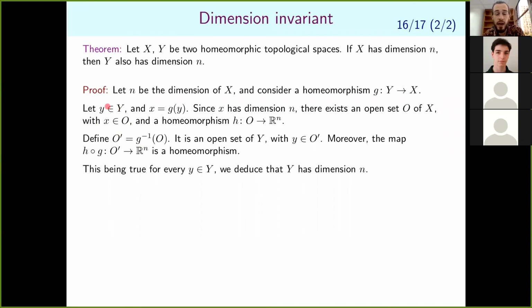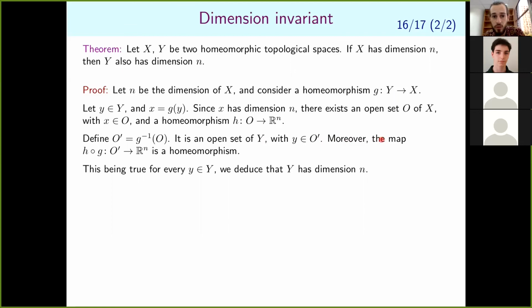So I take any point in Y, little y, and I consider its image by G, little x. We know that X has dimension n, so we can find an open set around it which is homeomorphic to Rn, by some map H. Now consider the pre-image of this open set by G. We have an open set O prime of Y, and our point little y belongs to this pre-image.